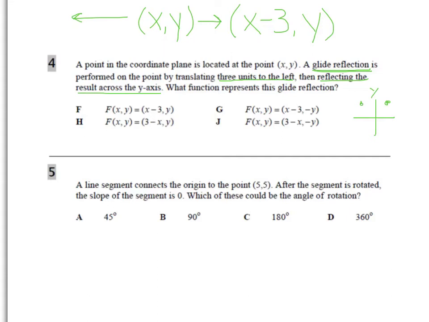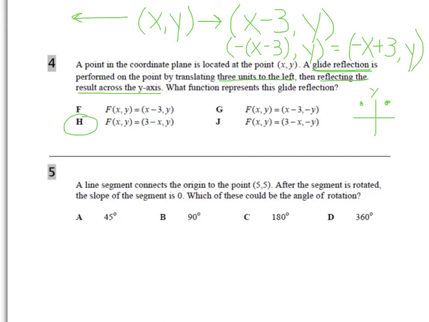So what happens is that my x, which is x minus 3, is actually becoming negative, and my y stays the same. If we simplify this, we have negative x plus 3, comma y, or we have 3 minus x, comma y, which is H.